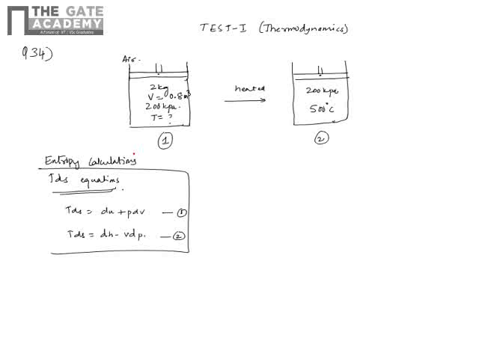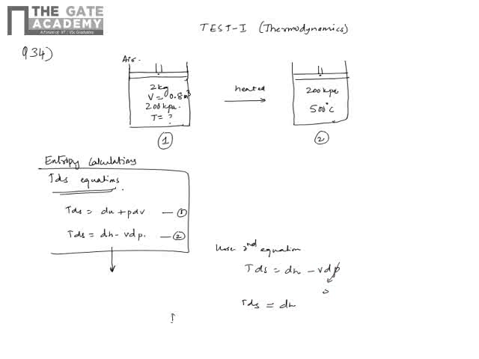Now what is constant here? Constant pressure. So I'll basically use the second equation. Because it's constant pressure, TdS is dH minus VdP. This is 0 because it's constant pressure.